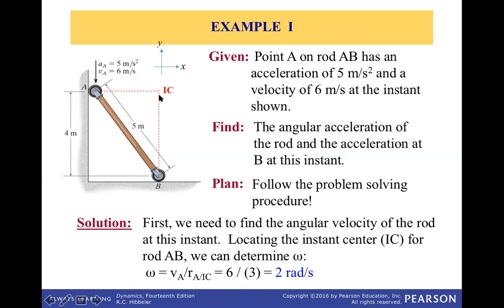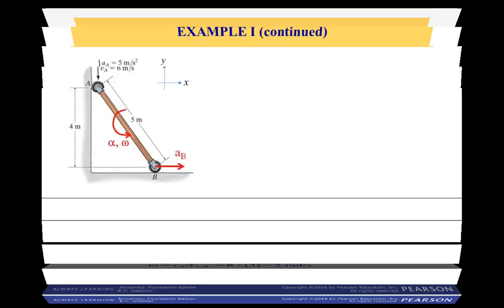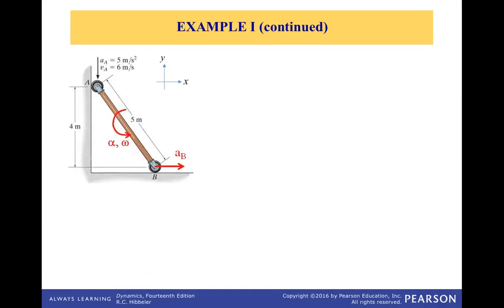Now, next we'll be determining the acceleration of point B. We can write the acceleration of point B, A sub B, in this direction. We can assume that's the case, and if it turns out to be negative at the end, that means the original assumption was not right and it's in the other direction. So it's safe to set up like this and check later.